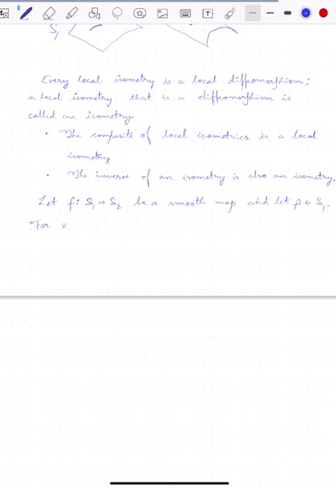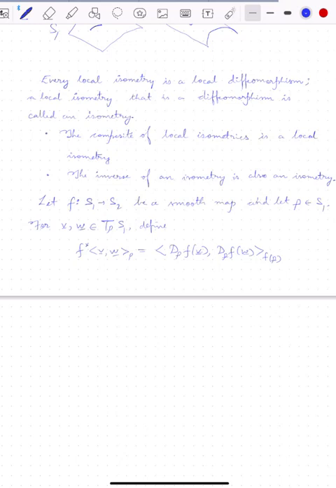Then for any two vectors V, W which lie in the tangent plane at P to surface S1, we define F star (V, W) at P to be the first fundamental form on the tangent plane, equal to the differential dF at P along V, comma, the derivative of F at P along the direction W. This is in surface 1 and this is in surface 2.